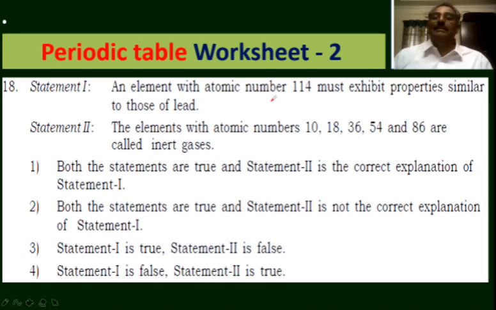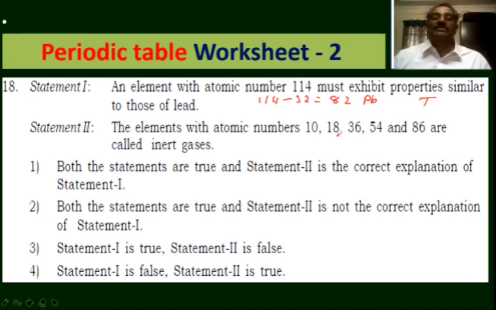The element before that element in the same group is 114 minus 32, that is equal to the element with atomic number 82, which is nothing but lead. So the newly discovered element with atomic number 114 should resemble lead in the electronic configuration. So it exhibits properties similar to lead.